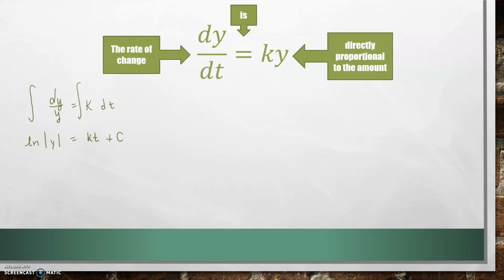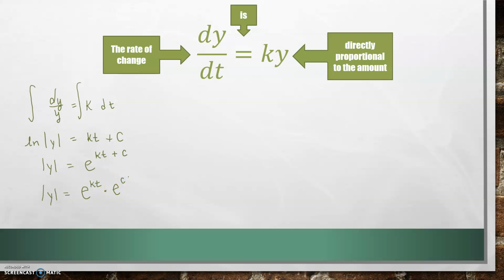So remember, we want to solve for y now, so we're going to get rid of the natural log. We're going to raise both sides e to the power. Still, the absolute value of y is equal to e to the kt times e to the c.